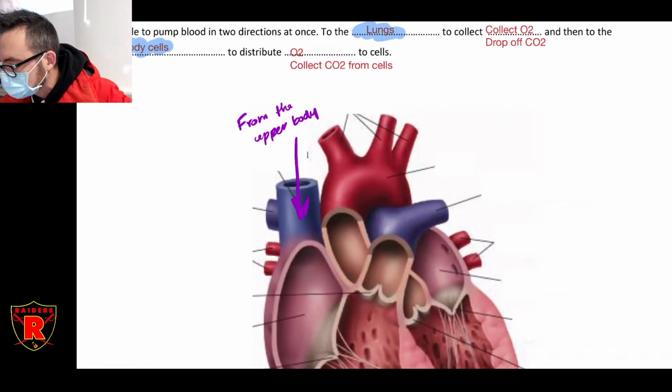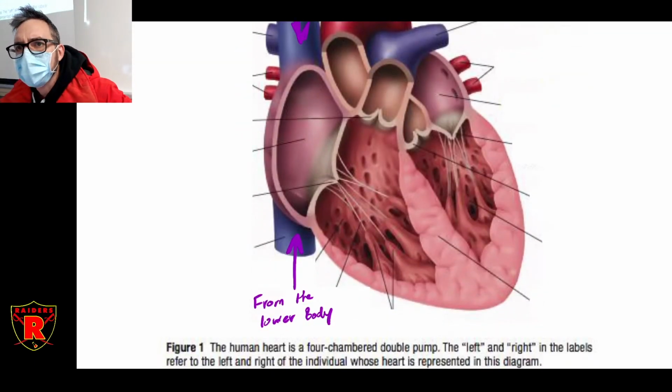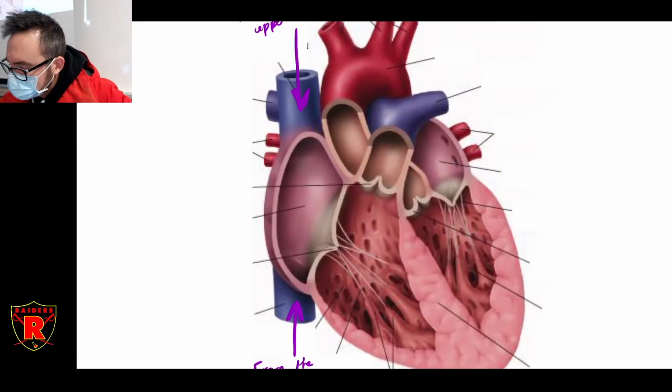Upper body would be your arms and your head, and a little bit of your chest cavity, although just your upper chest. Most of the chest is actually coming in through the bottom one. So we've got that blood returning to the heart, and it spills into this little cavity right here.